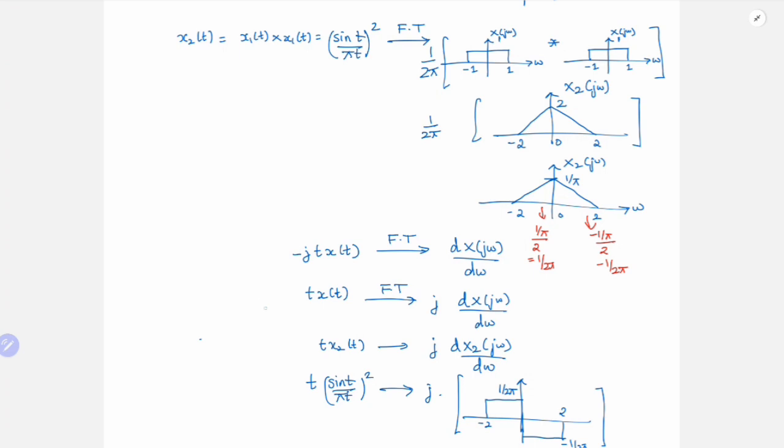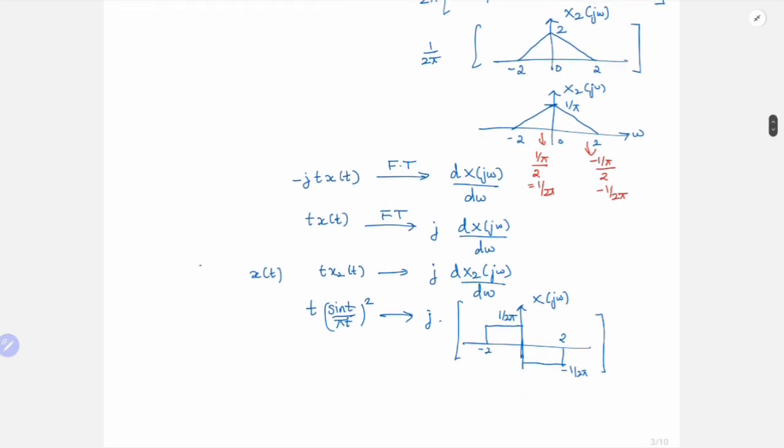So if we call this x of t, this is X of j omega. So what is my signal? It is actually this way, X of j omega from minus 2 it is j by 2 pi, and up to 2 it is minus j by 2 pi.